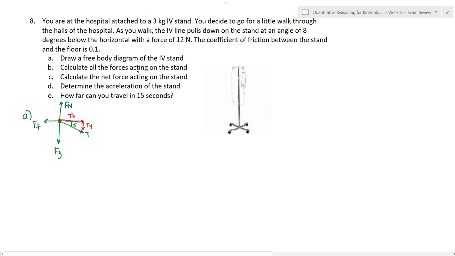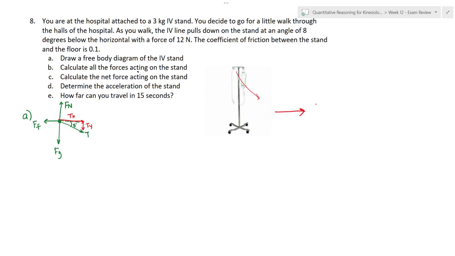If we think about the y components, we know that this IV stand is not moving in a vertical direction. We're pulling down on the line, but we're moving it horizontally. So that means all the y components of these forces need to cancel out. What are our y components?